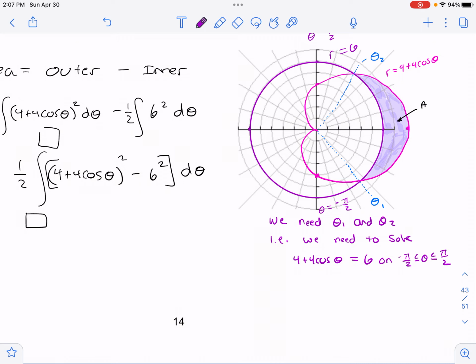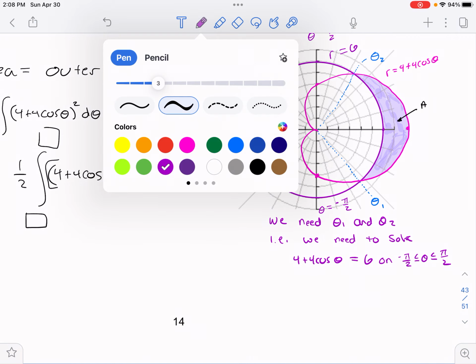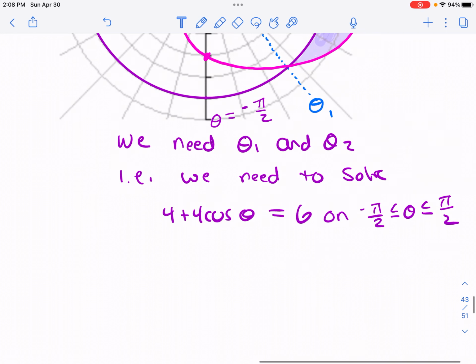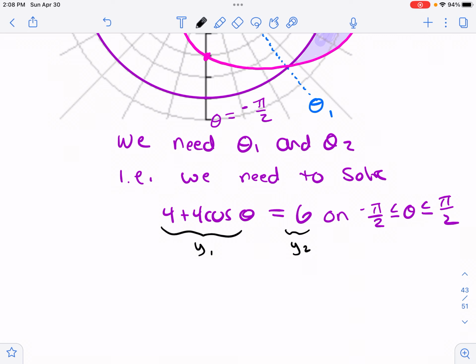That could be done by hand, but that's not really the point here, so we'll just utilize our calculator. We're going to go into Cartesian, call this y1 and this y2, and find where they intersect on the interval negative pi over 2 to pi over 2. That's my x window.